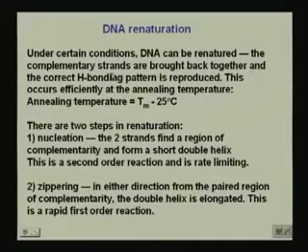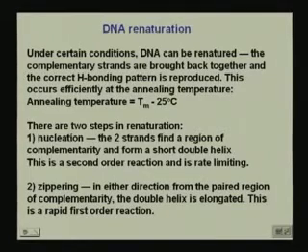In this case, the DNA has to find its complementary strand. So, under certain conditions, DNA can be renatured where the complementary strand can be brought back together. Why? Because only then are you going to get the proper double helix structure, because you have to have that ladder formation first, with complementary base pairs, and you have to have the correct hydrogen bonding pattern reproduced again.